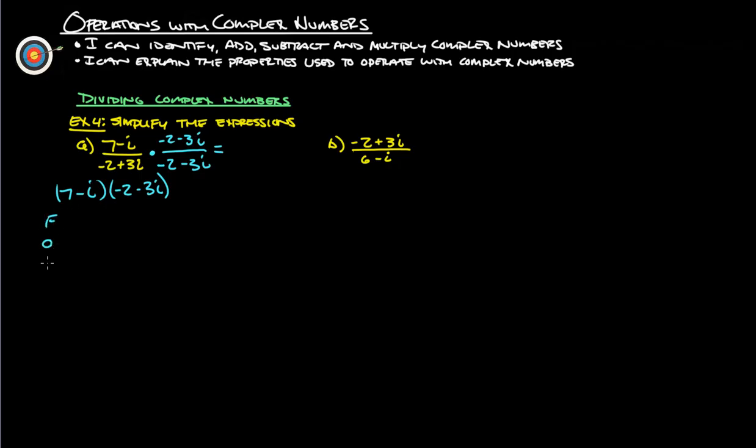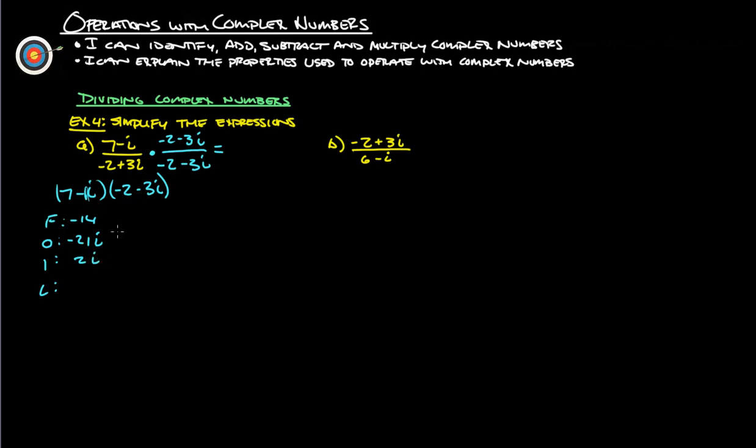So let's FOIL that out. First, outside, inside, last. 7 times negative 2, negative 14. 7 times negative 3 is negative 21, but we've got an i with it. Negative times a negative is positive. That's a 1i. 1 times 2 is 2. Then there's an i there as well.